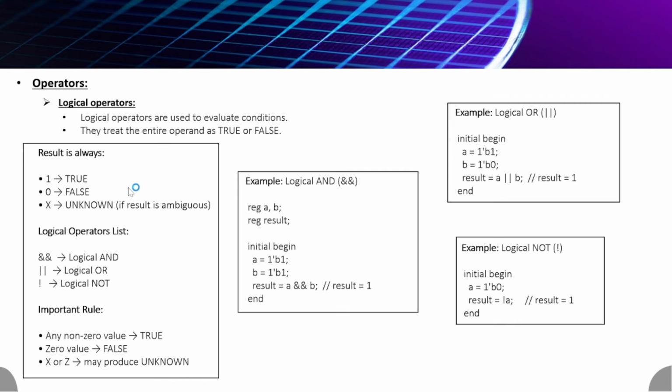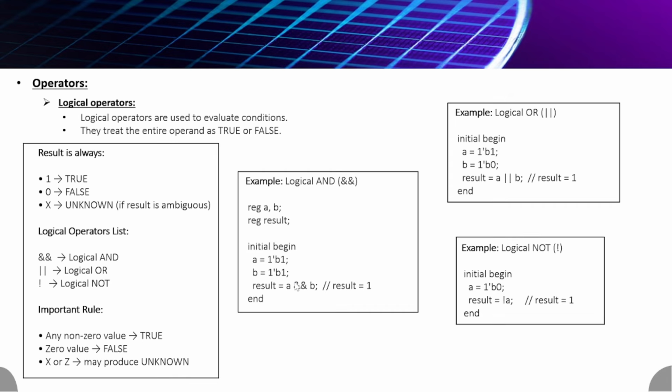The three logical operators in Verilog are: logical AND, represented by double ampersand; logical OR, represented by double vertical bar; and logical NOT, represented by exclamation mark. Let's understand this with examples. In the logical AND example, if the inputs A and B are 1, then the result is 1.